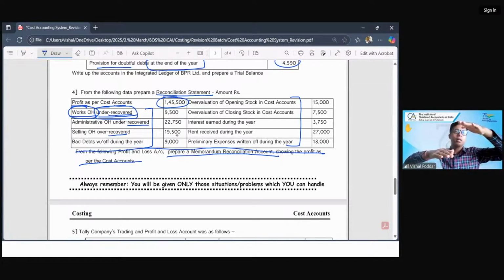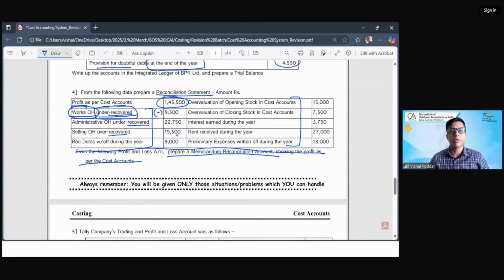Since expenses are less and profit is more, now we will decide what should be done in reconciliation. For this, see what is the starting point. In this sum, my starting point is cost sheet only. Since the starting point is cost sheet, which is higher, in order to reconcile, I'll have to step down. So I will come down to my financial profit, and that is where I'll have to subtract. Is this clear? So I'll have to subtract.